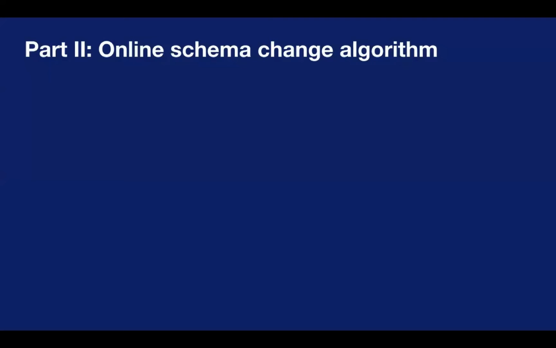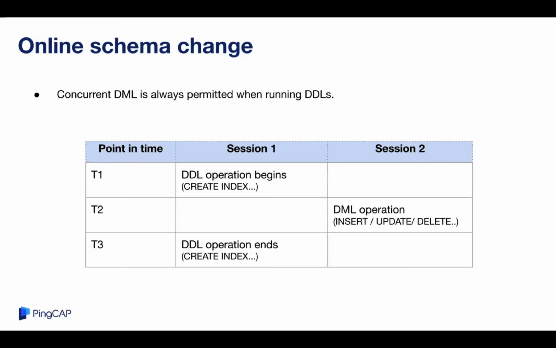And part 2 is about the online schema change algorithm. Online schema change means that when we have a DDL running in the cluster, concurrent DML, the data manipulation language, is always permitted. For example, we have a create index on a specific table in session 1.